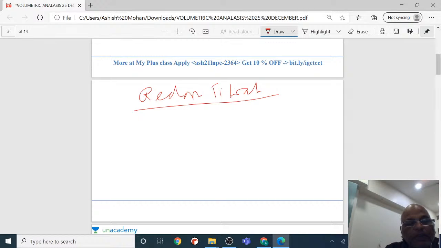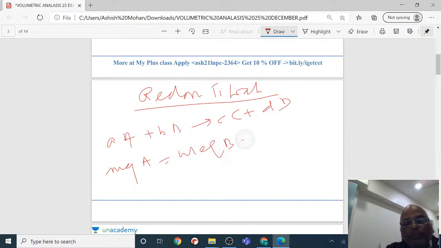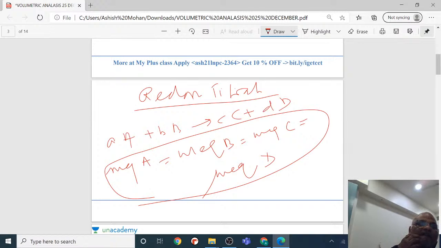Always keep in mind, if I take the equation a A plus b B gives you c C and d D, milli equivalent of A when it reacts with the same milli equivalent of B gives the same milli equivalent of C and the same milli equivalent of D. So the number of milli equivalents of A will be equal to the number of milli equivalents of B, equal to the number of milli equivalents of C and the number of milli equivalents of D.